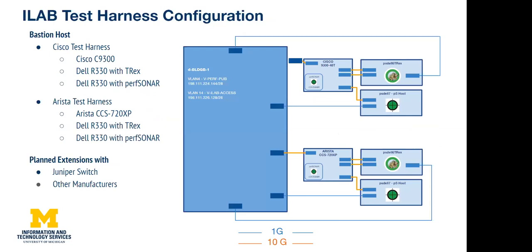And then connected to the Bastion host is 2 routers, Cisco and Arista, and connected to those routers are different servers, which are basically either simulating traffic on the network or testing the network. Additionally, inside each of the routers is another perfSONAR container as a virtual machine, which is able to do testing on the network from within the router.